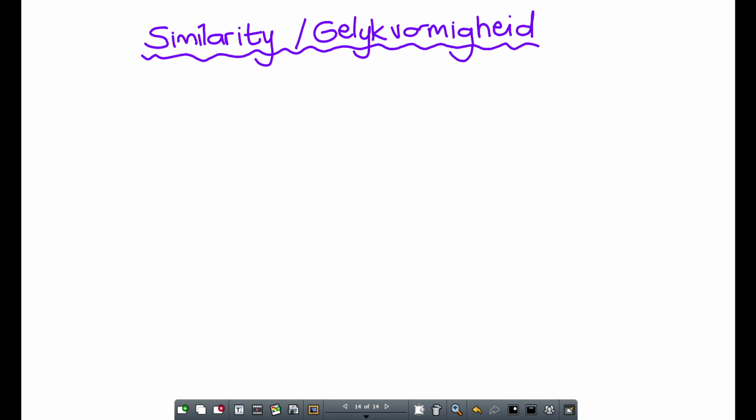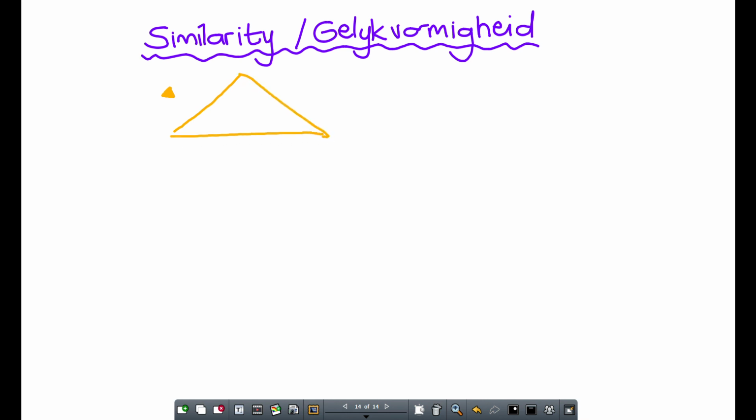Good. So what does it mean if two triangles are similar? Wat is dit as hulle gelykvormig is? Die woord sê vir jou mooi, hulle vorm is dieselfde, maar hulle grootte kan verskil. Nee. So it's usually one triangle is much smaller than the other one. So this little triangle could be similar to that one.